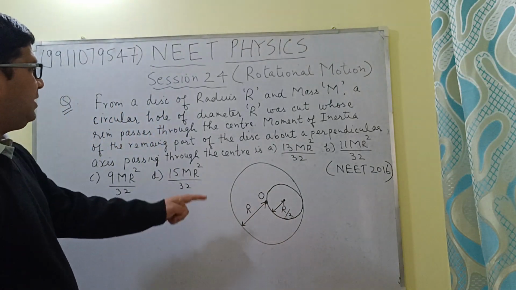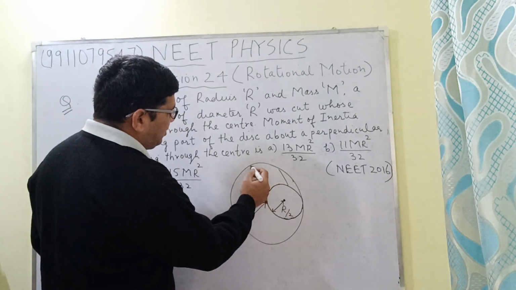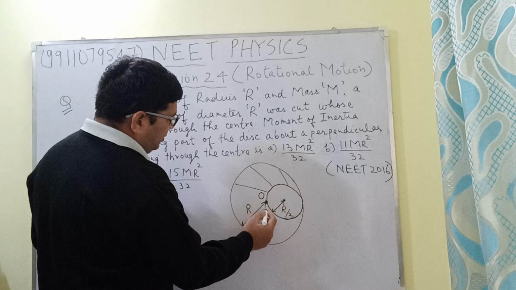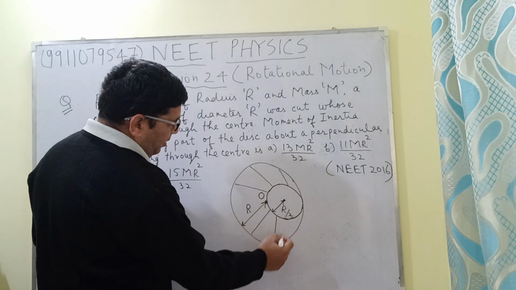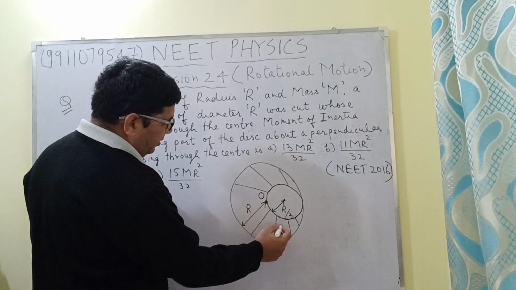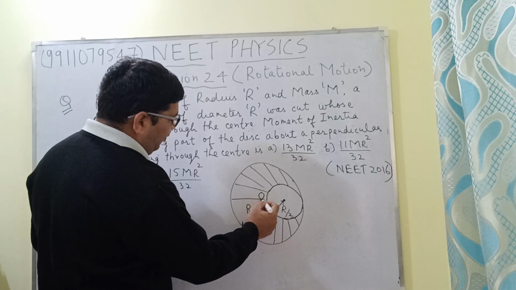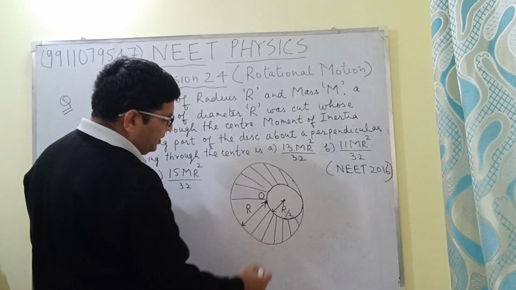Now we have to find the moment of inertia of the remaining part of the disc. That is, we have to find the moment of inertia of this part, the part which I am highlighting with the help of these straight lines. So this is the remaining part, and we have to find its moment of inertia.